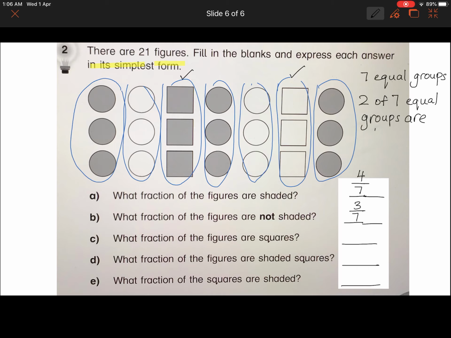So 2 out of 7 equal groups are squares. They never mention shaded or unshaded squares, so we assume both. So 2 out of 7.